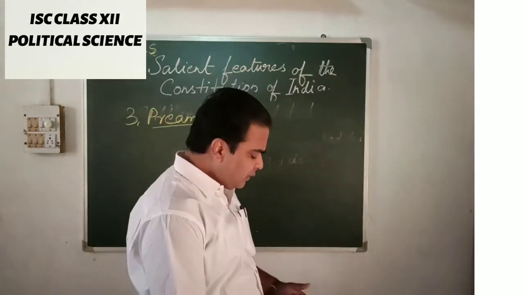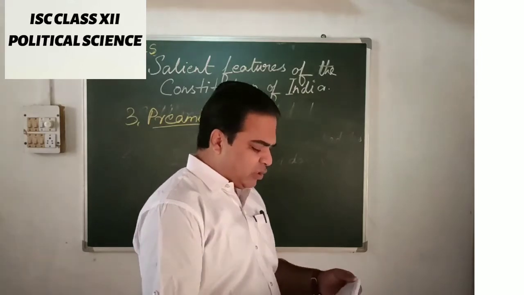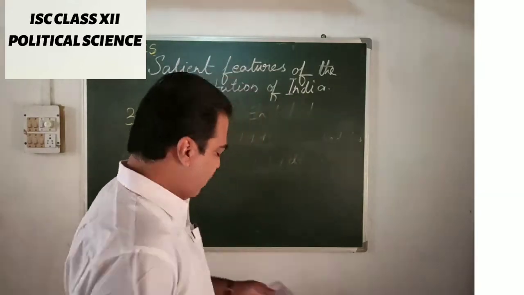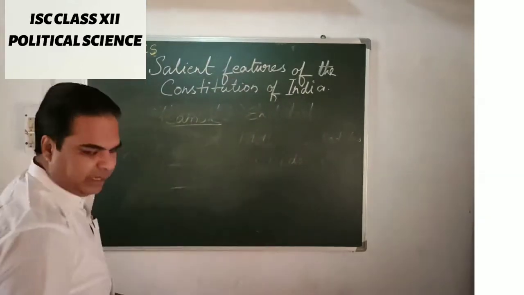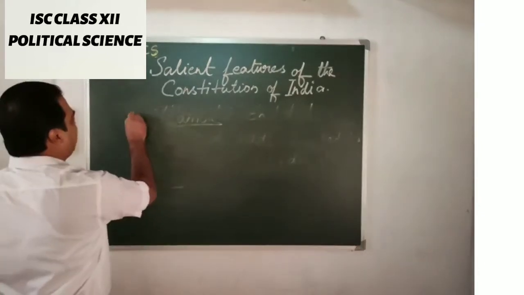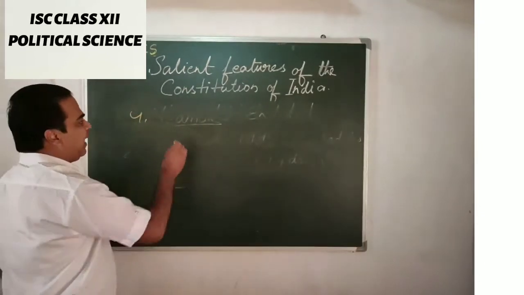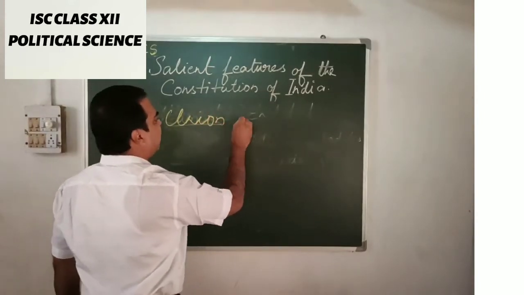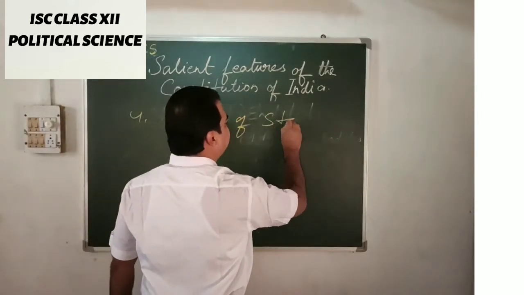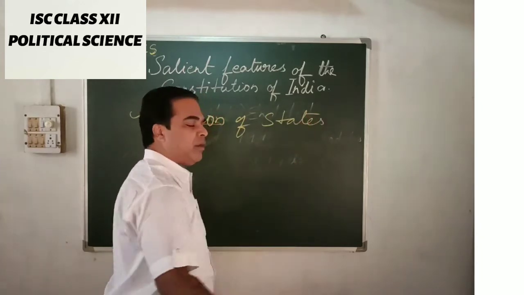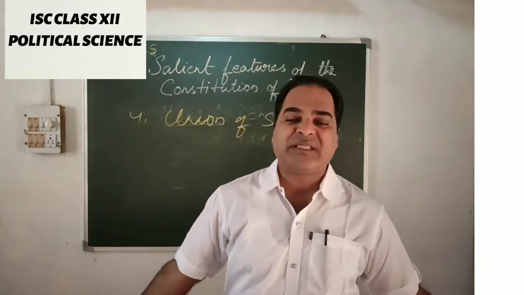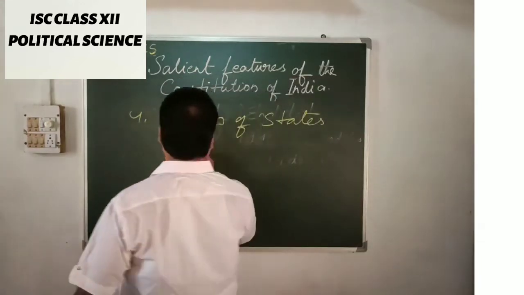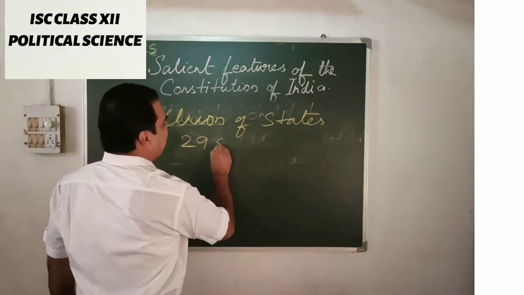Okay. Now the next one we have is number 4. India is a union of states. So many states we have. How many states are there at present? 29 states.